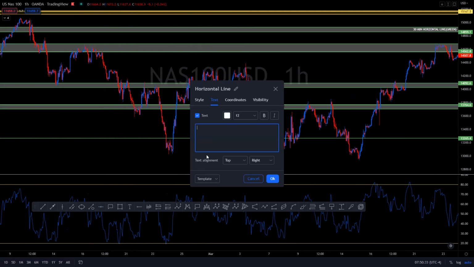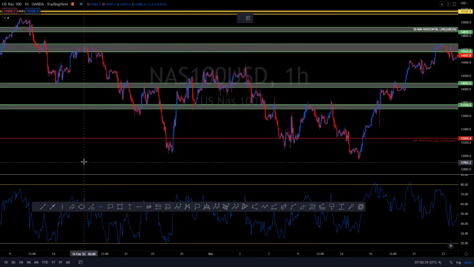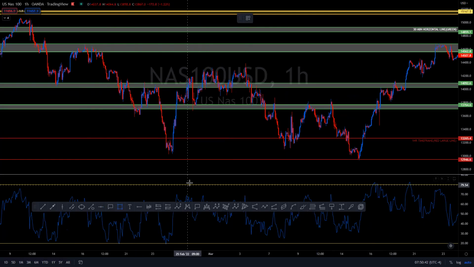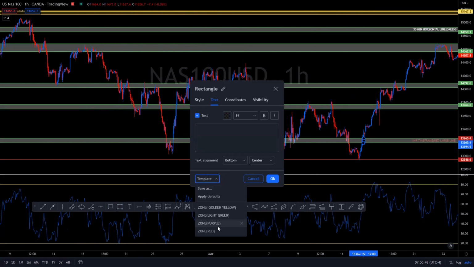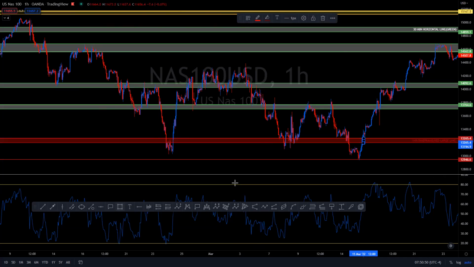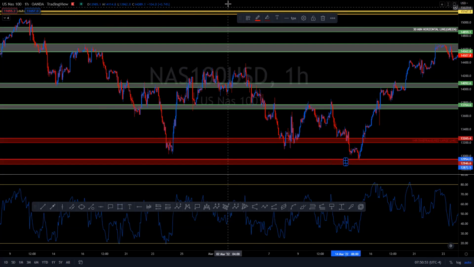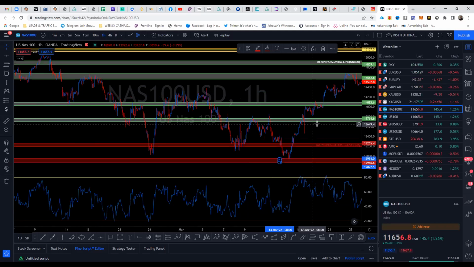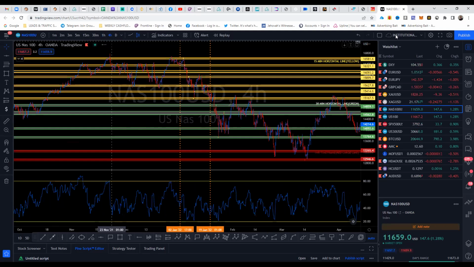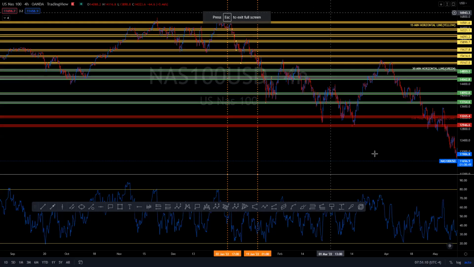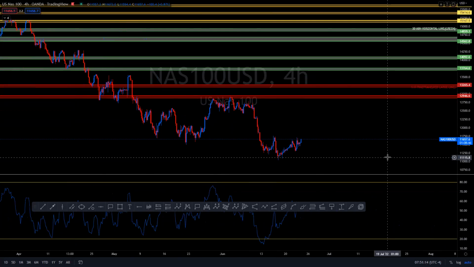So I guess we'll make this red. All right, so now we're going to move on to the 4 hour time frame. And as you can see, these are all the zones we have marked up. So now this is where current price is at.